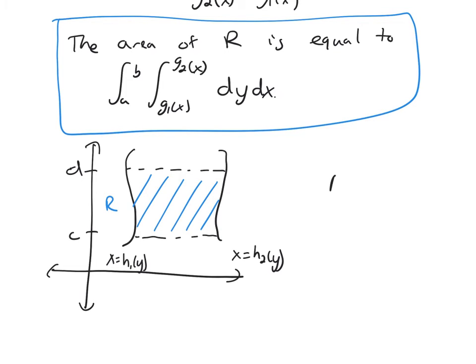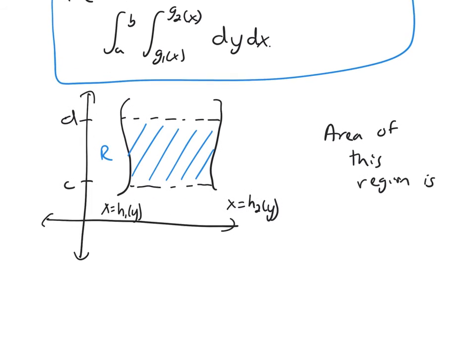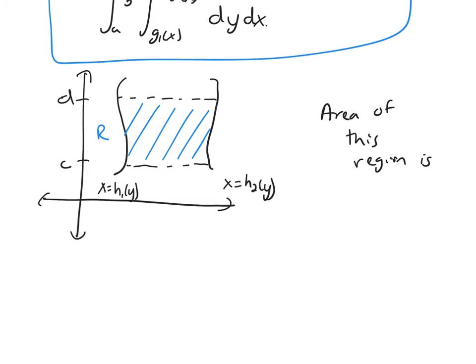So I'll say that the area of this region can also be viewed as an iterated integral in the following way. The area, A, would be the iterated integral from c to d, h1(y), h2(y), and then it'll be dx dy.